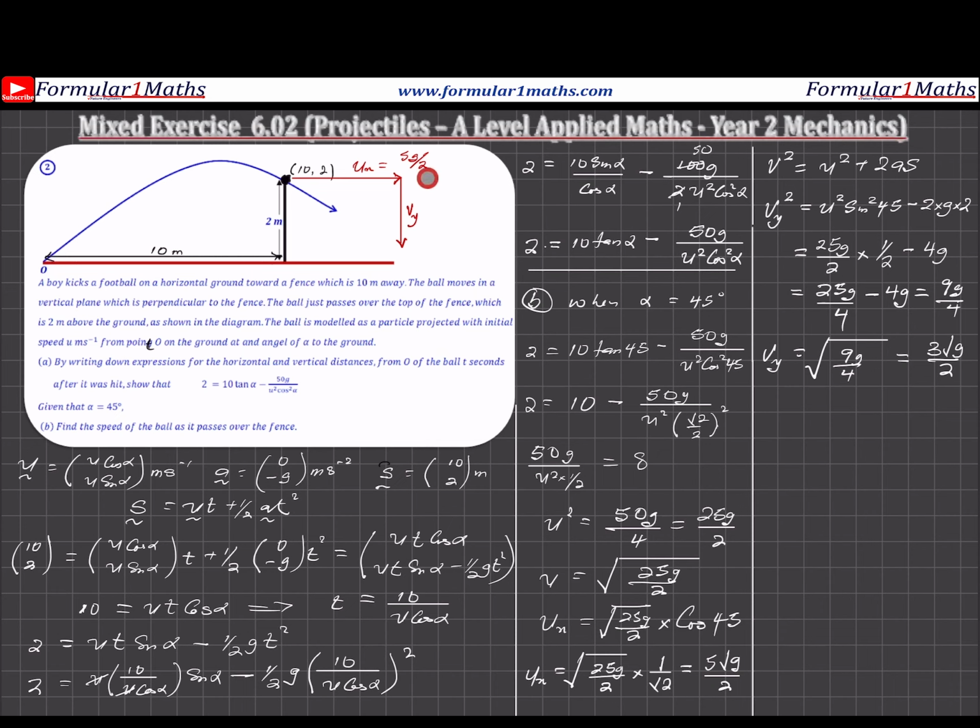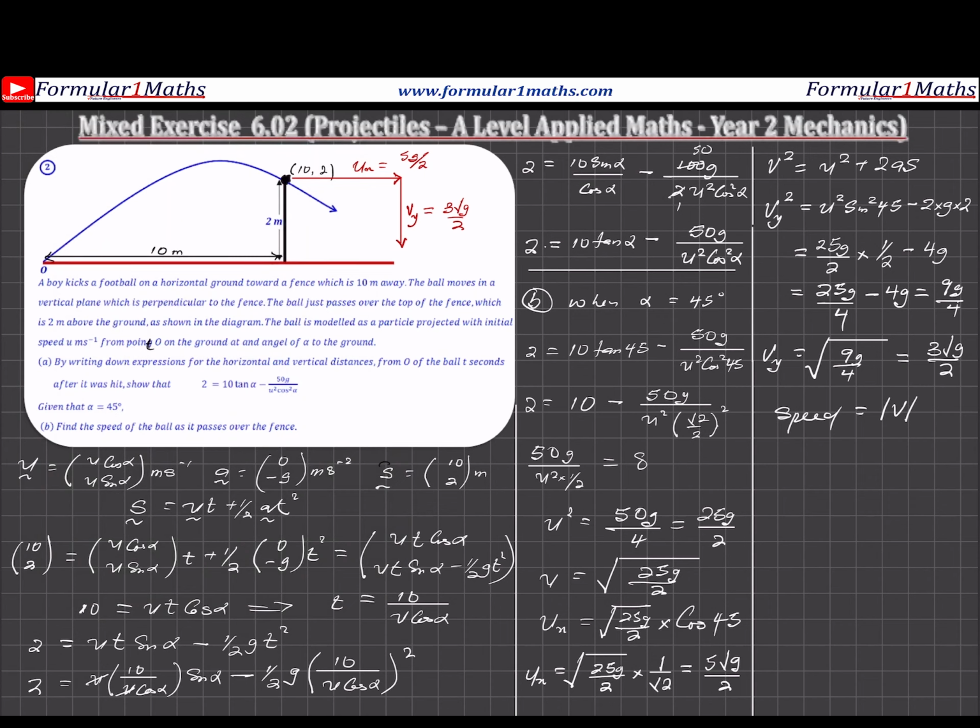Now this is the y component, Vy. So now I can put this on the diagram. Vy is equal to 3 root g over 2. We are required to find the speed. So if I say speed is equal to v, and v as shown on the diagram will be the resultant of this vector and this vector.